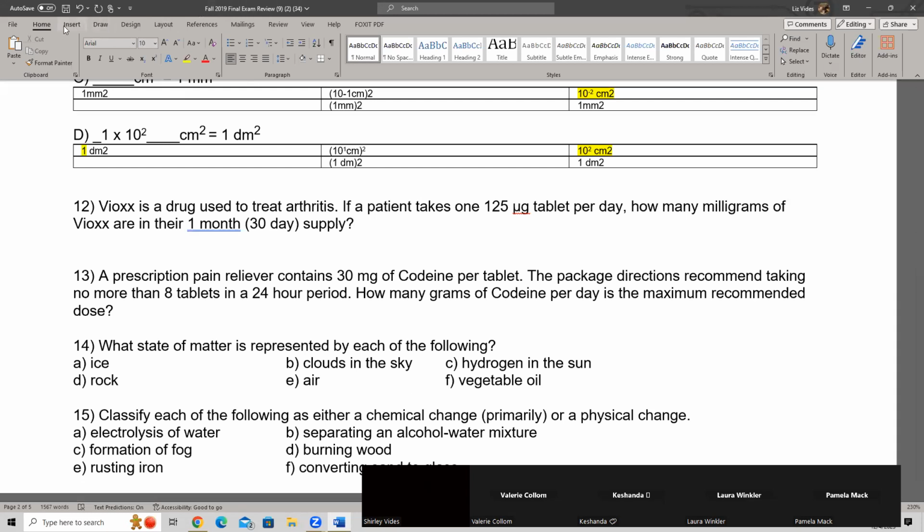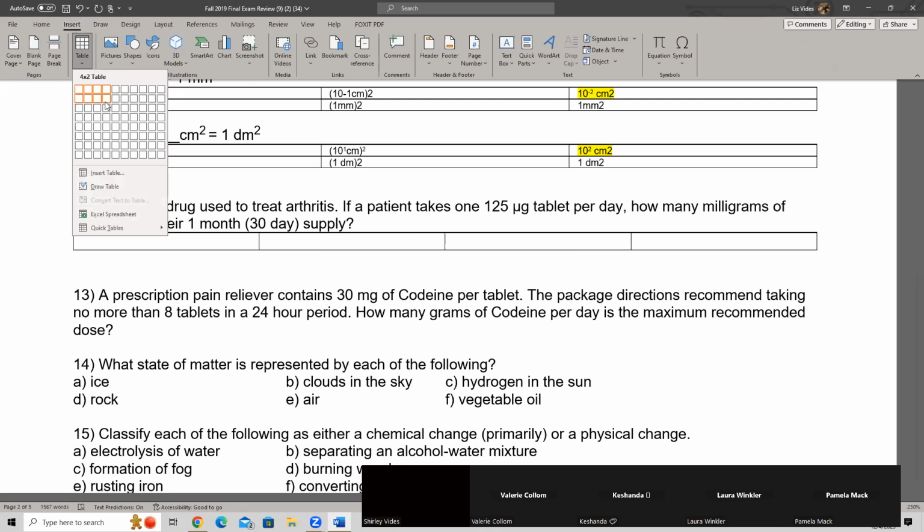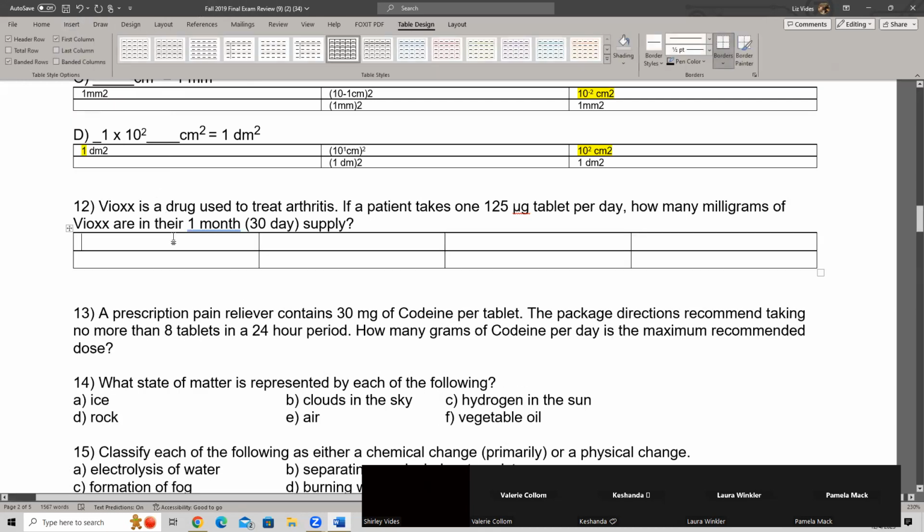All right. I'm going to insert another table. I always try to insert more than I need sometimes, but that's okay. So look at this. This is the kind of question that you're going to get in your nursing career. It says Vioxx is a drug used to treat arthritis.